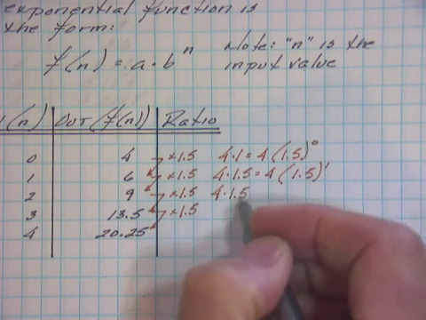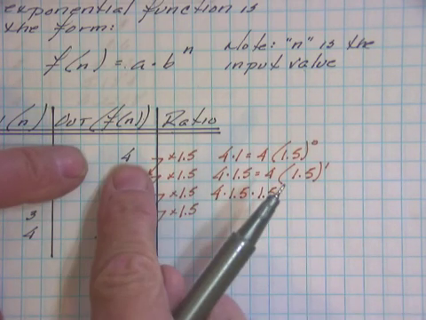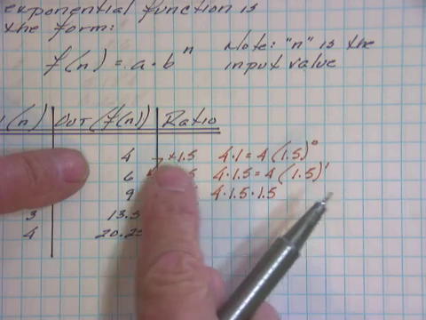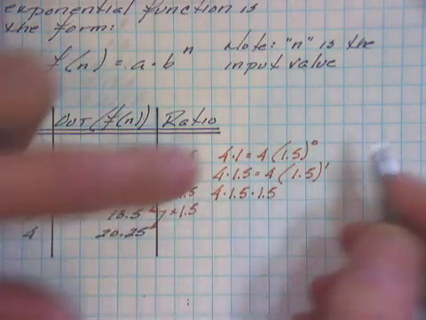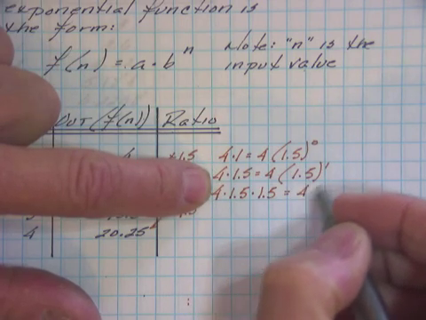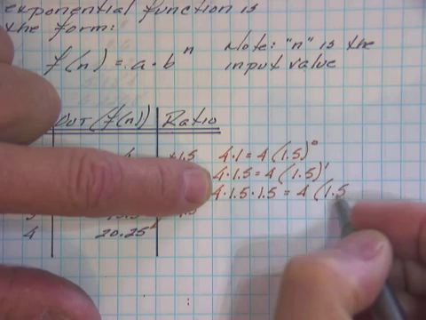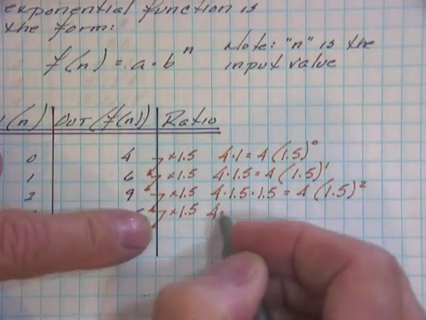And then I'm going to move on to the next one. I've got 4 times 1.5 times 1.5. Well, now look at that. See, I started with the 4, and then I went times 1.5 to get 6, and then times 1.5 to get to 9. Well, I've got two 1.5s in multiplication, so I can write this as 4 times 1.5 to the second.